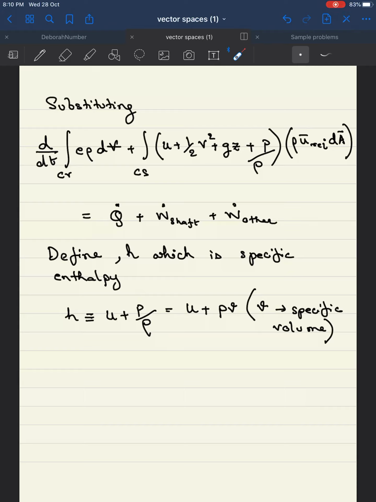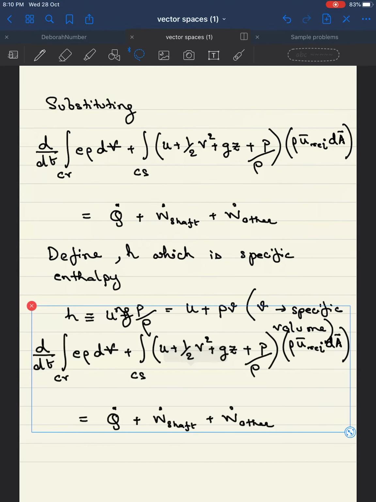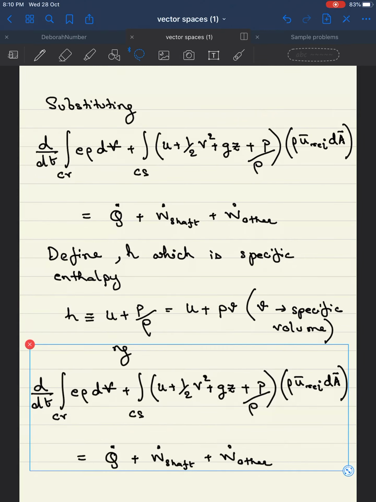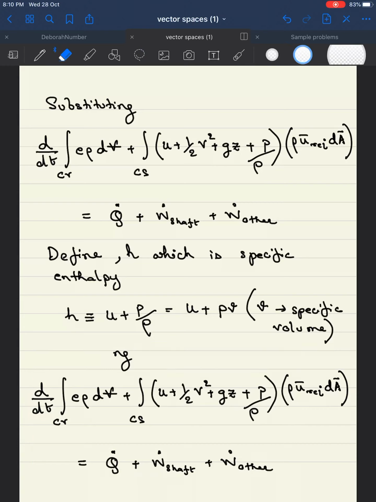So we'll define this term, and when we do this, we can now simplify this equation a little bit more. Let's take this entire equation and simplify the term in the brackets here.